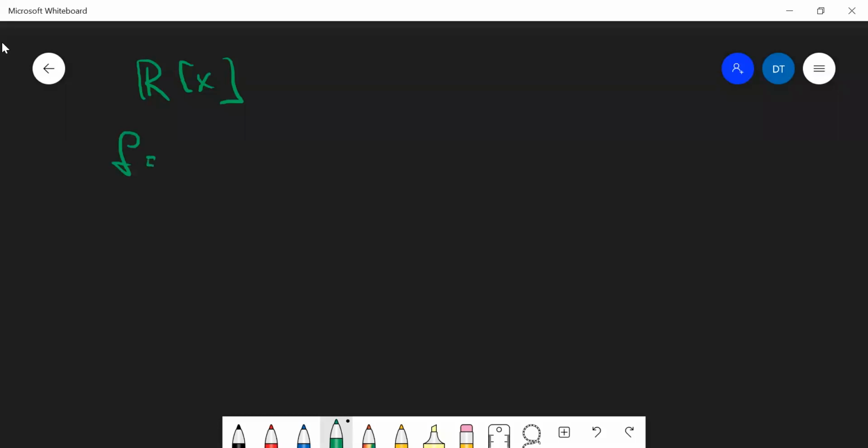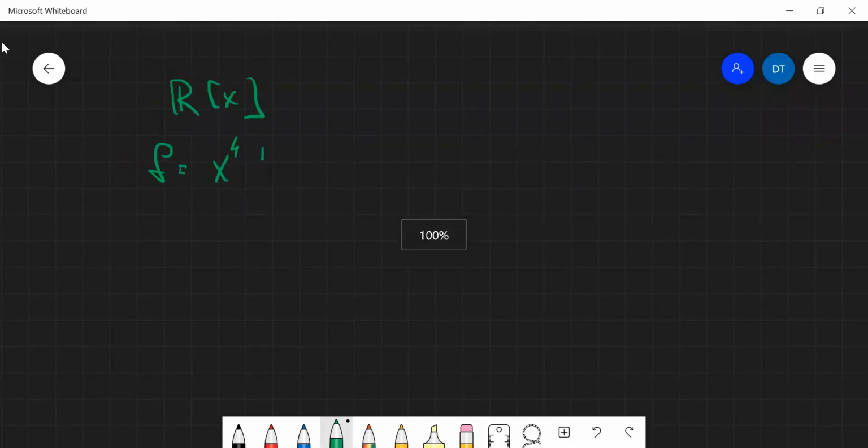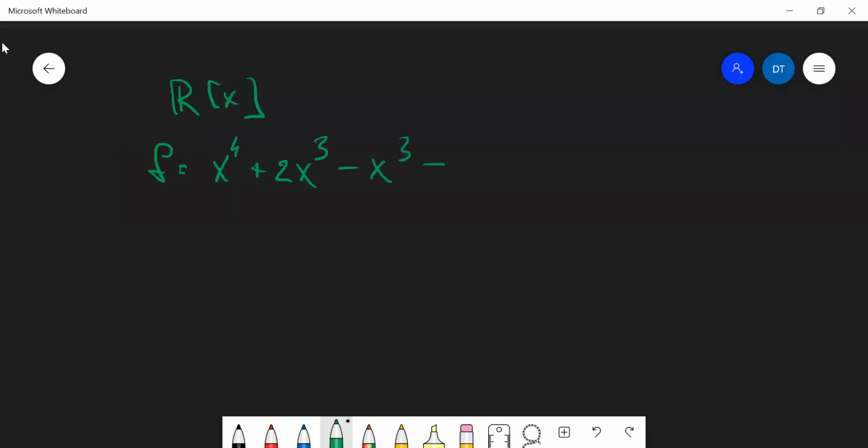Our f is x to the 4th plus 2x cubed minus x squared minus 4x minus 2. And g is, I'll take it from the sheet of paper, x to the 4th plus x cubed minus x squared minus 2x minus 2.